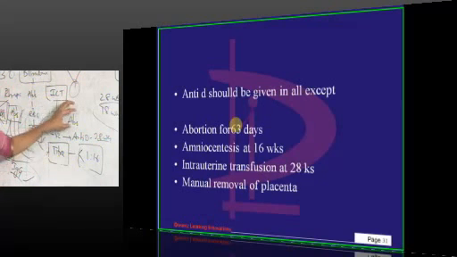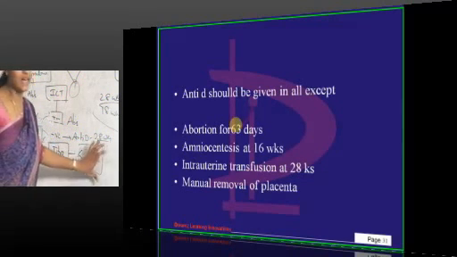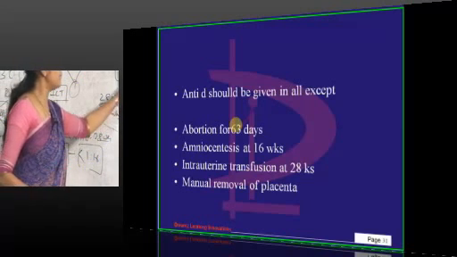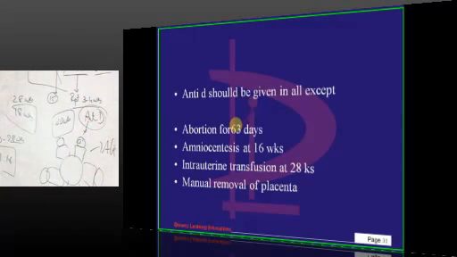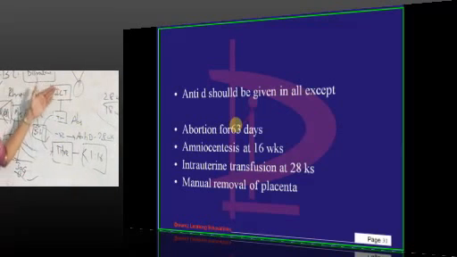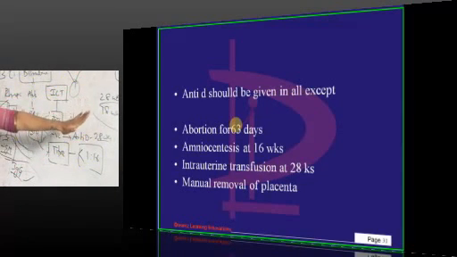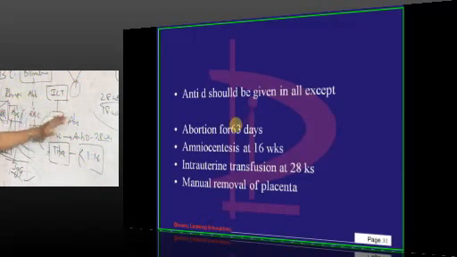Now I should check how many antibodies are there, because the amount of antibodies causes damage to the fetus. So I check the titer, and depending upon the titer, I divide into 3 zones and manage the mother and the baby. Intrauterine transfusion is done only in Liley's graph, once the ICT is positive. Okay?